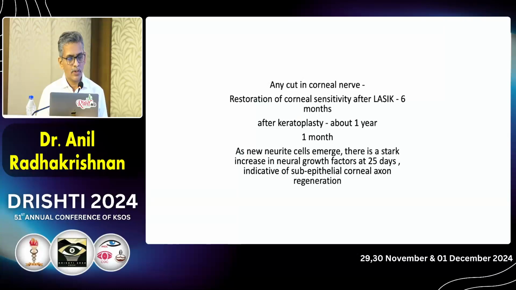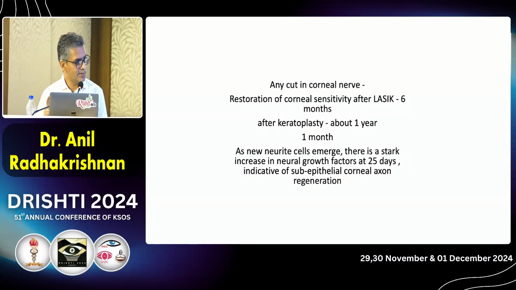So any cut in the corneal nerve, there will be some amount of dysesthesia. As you know, after LASIK, it takes almost 6 months for the corneal sensitivity to come back to normal. After keratoplasty, you see anesthetic cornea for up to 1 year. And in cataract surgery, generally about 1 month, you will have dryness. At around 1 month, near about 25 days, you will have these neurite cells.